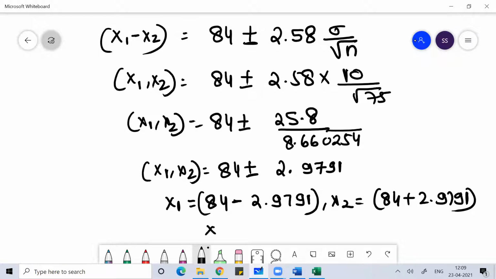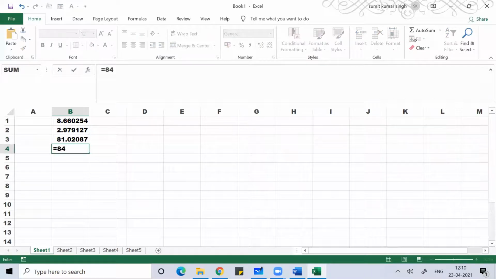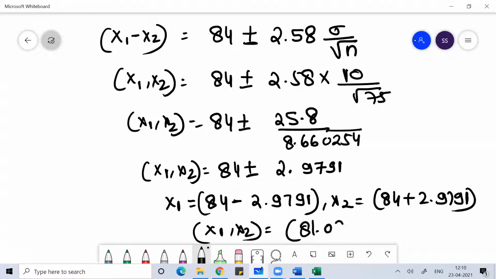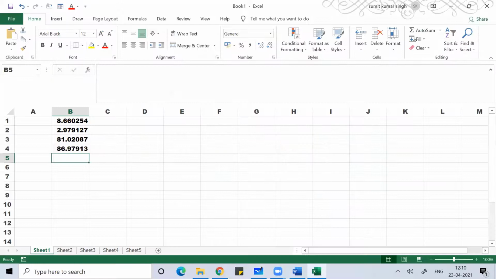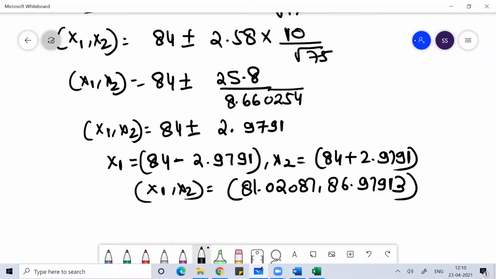So you'll get 81.0287 as the minimum and 86.9791 as the maximum. If your sample mean is between these, you'll accept the null hypothesis.